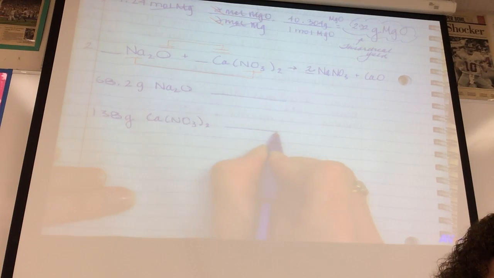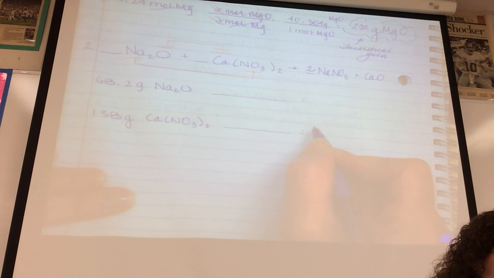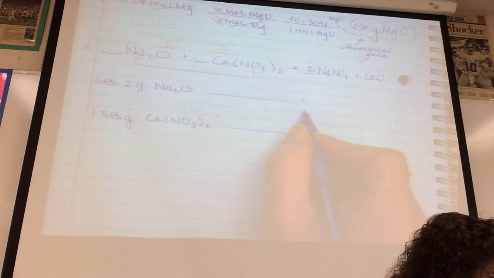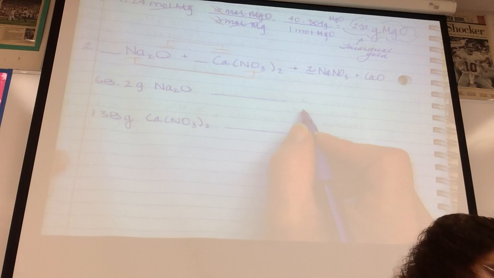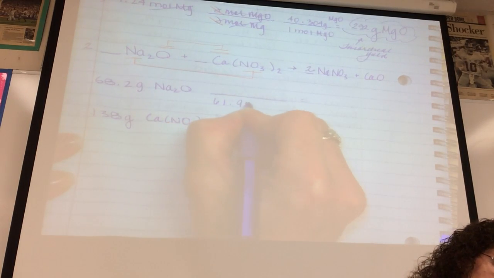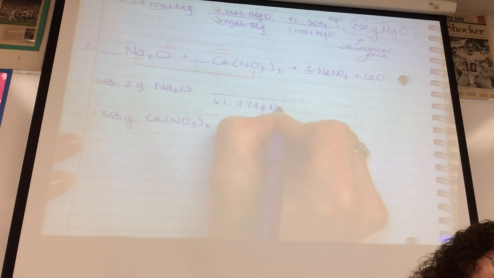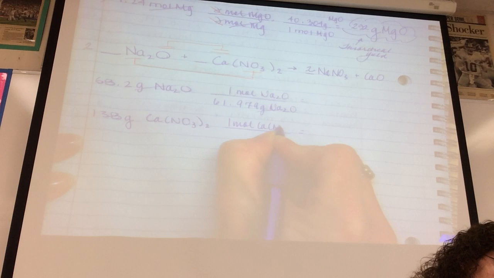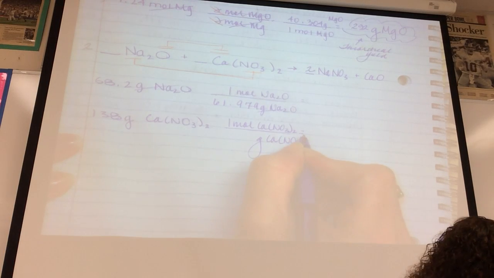And the first thing you need to do is convert to moles, because the only way you can compare two different substances is through the mole ratio. So sodium oxide, 61.979 grams. Got to be in the denominator to get it to cancel. 1 mole on top. 1 mole of calcium nitrate. Formula mass from the periodic table.